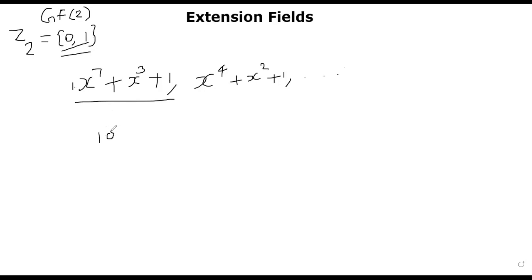And the 6th position is 0 because there's nothing there. 5th, 0. 4th, 0. 3rd is 1. 2nd is 0. X is 0, right? And then your constant is 1.